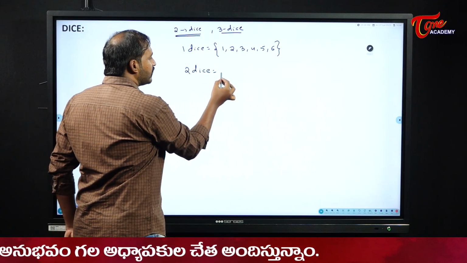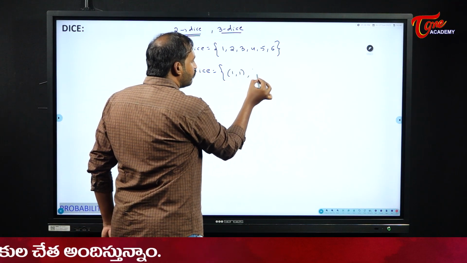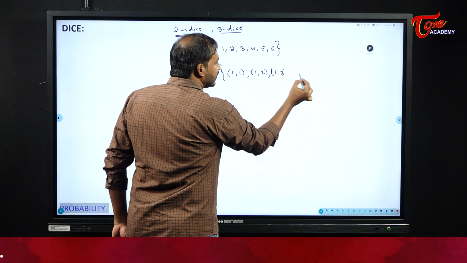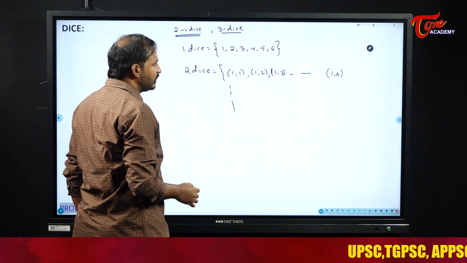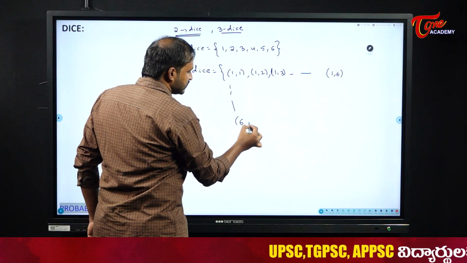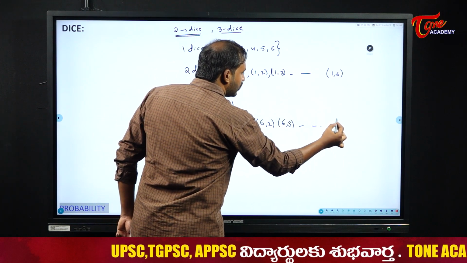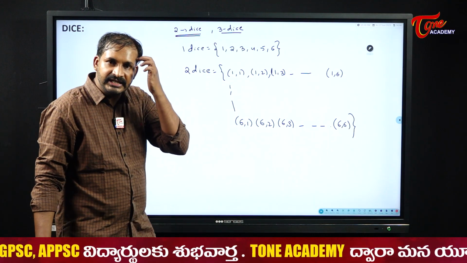When I throw 2 dice, what are the possible outputs for me? We will get 1,1; 1,2; 1,3; like this up to 1,6. And if you write it down like this, 2,1; 2,2; and last 6,1; 6,2; 6,3; and so on, up to 6,6. These are the outputs which we will get in general.